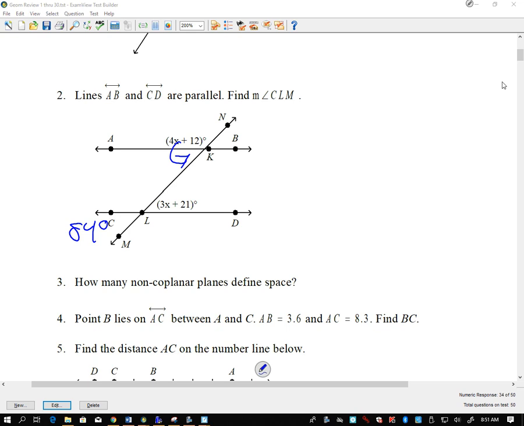So instead of adding them up and setting them equal to 180, I would set them equal to each other, solve for x, then plug x back in. Or they might actually give you a number for x to plug in to test and see if the lines are parallel. If you know that the two angles are congruent, you set them equal to each other and solve.